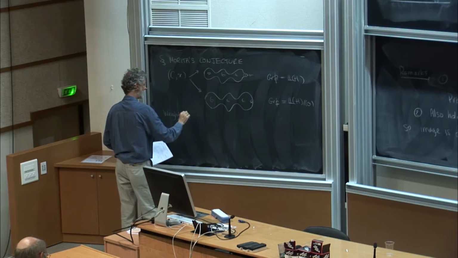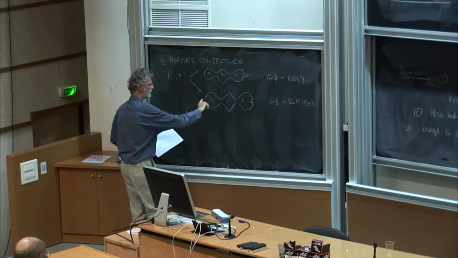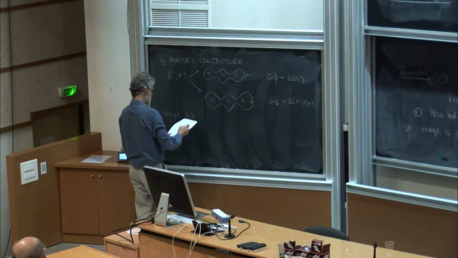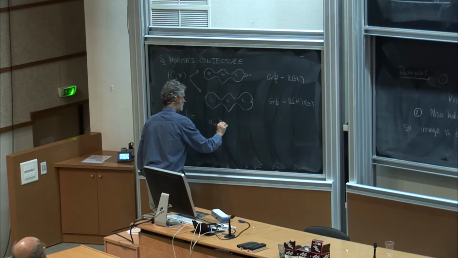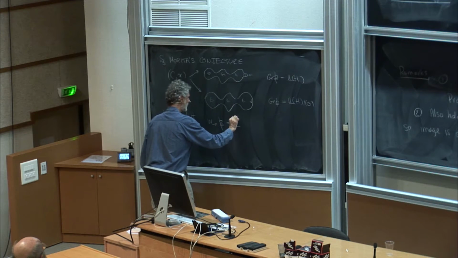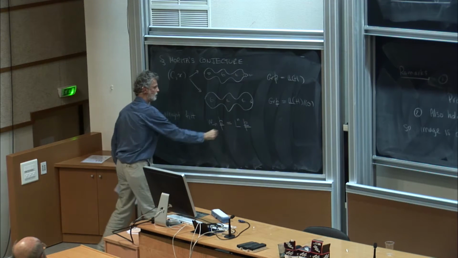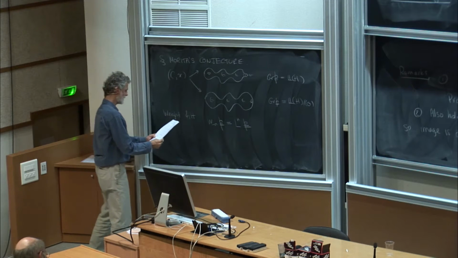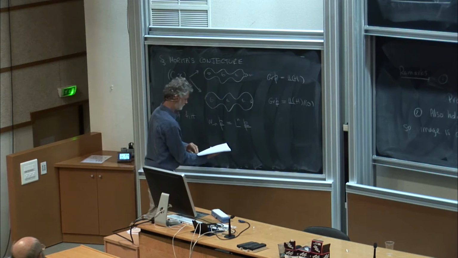These guys carry a mixed Hodge structure or whatever category, and they carry a natural weight filtration. And the weight filtration is that W_{-n} of P is equal to the nth term of the lower central series of P.